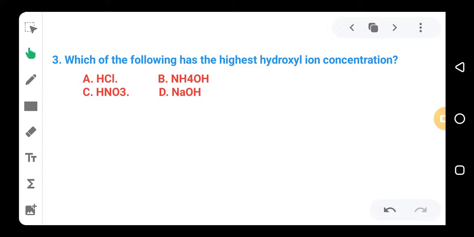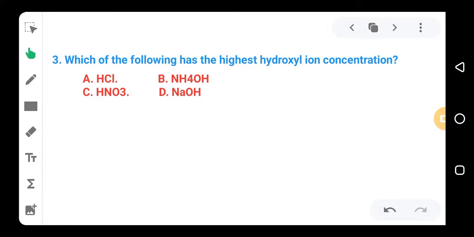Question number 3. Which of the following has the highest hydroxyl ion concentration? A. HCl. B. Ammonium hydroxide, NH4OH. C. HNO3.